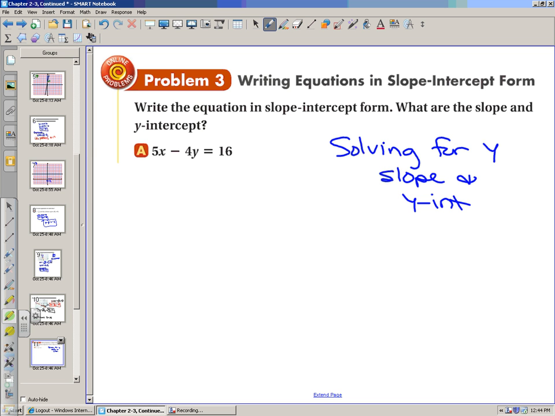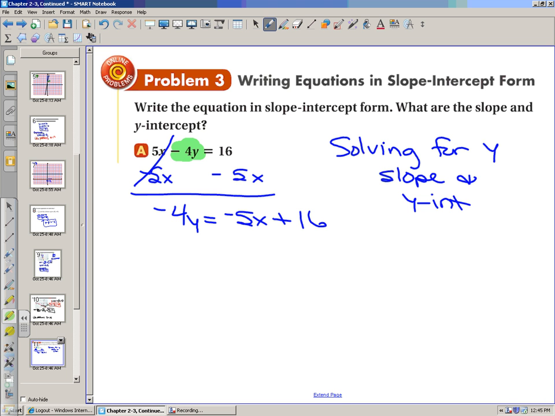So let's go ahead and do that. We did this. You guys hated it. Remember, this is where we work our order of operations backwards. Remember that? So I locate the y. Now what's attached to the y by addition or subtraction? The 5x. Now how do I get rid of that 5x? You are going to subtract 5x from both sides. Negative 4y is equal to negative 5x plus 16.